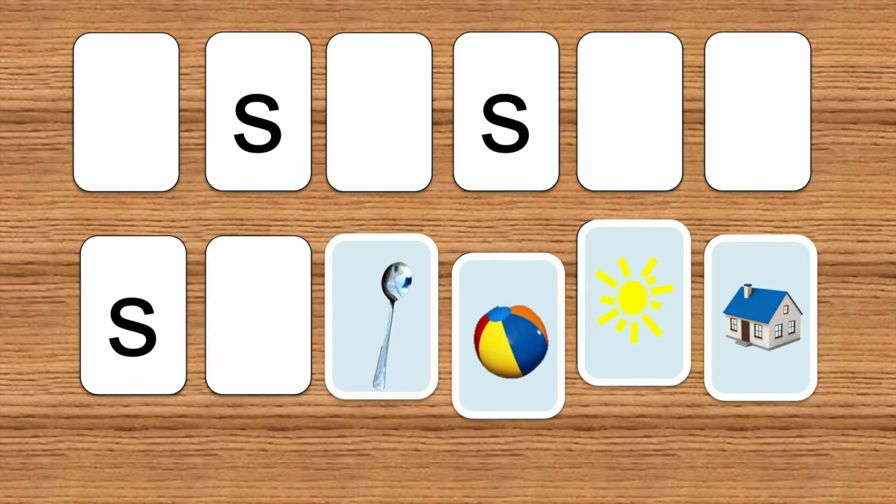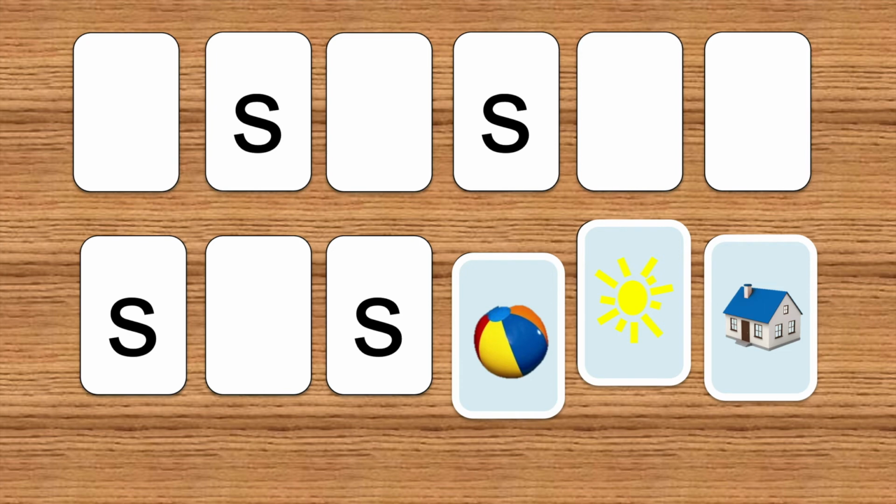No, no S in van. What about spoon? Does spoon have a S sound? Spoon. I think I can see a S. Yes, spoon starts with S. Spoon.